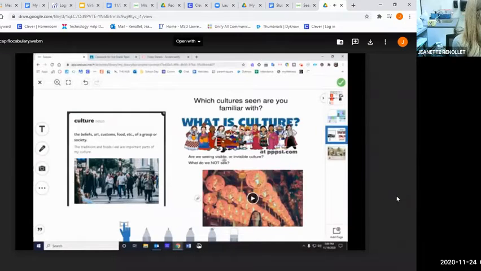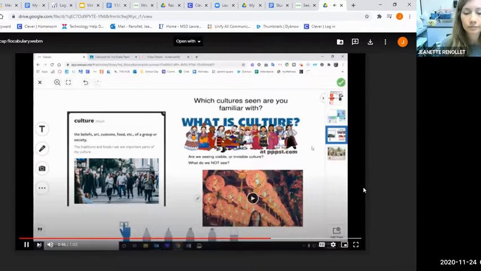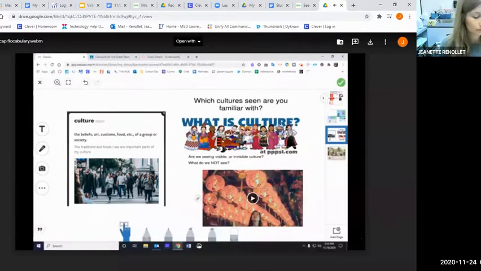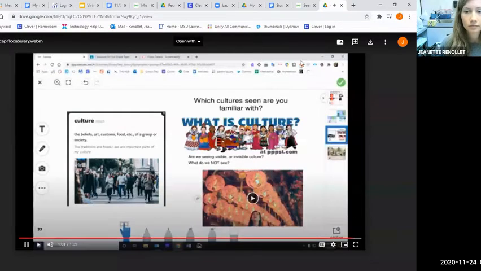Parts of culture can be visible, you can see them, or they can be invisible. You can't see them, but you know that they are there. Look at this picture. Do any of these cultures look familiar to you? They might not, but they are all pieces of different types of culture. If you need a refresher video on what culture is, you may watch the vocabulary video on culture.